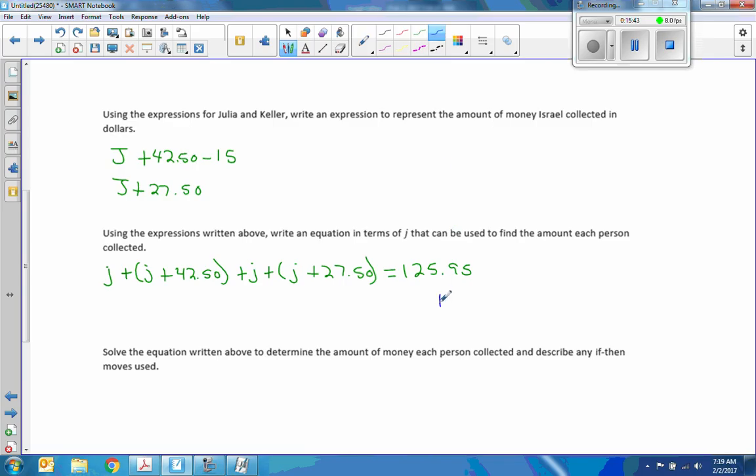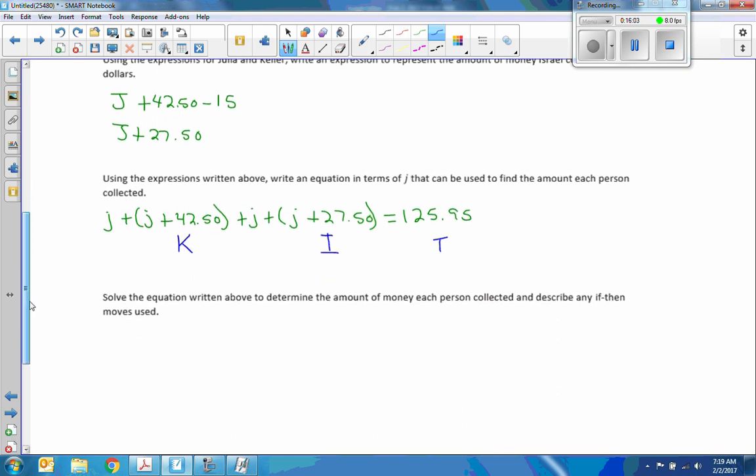Okay, so this was our total. This was Keller. That was Israel. So what Julia collected plus what Keller collected plus what Israel collected equaled that.